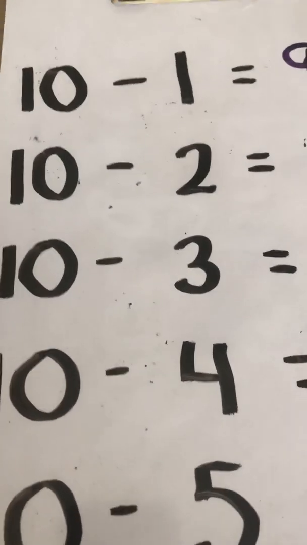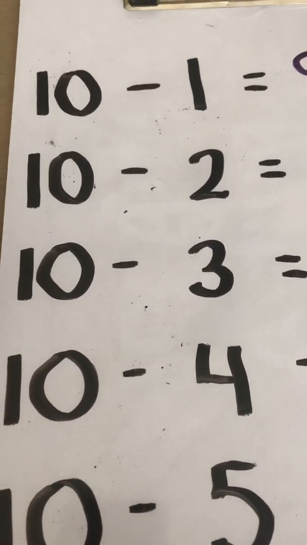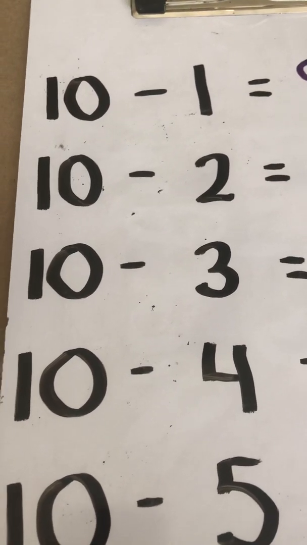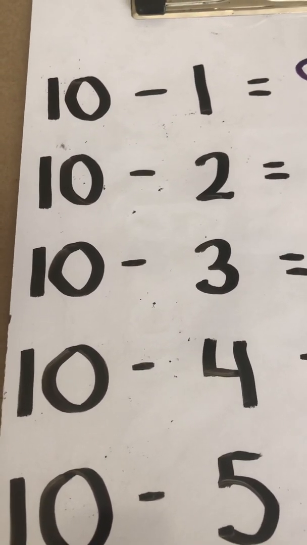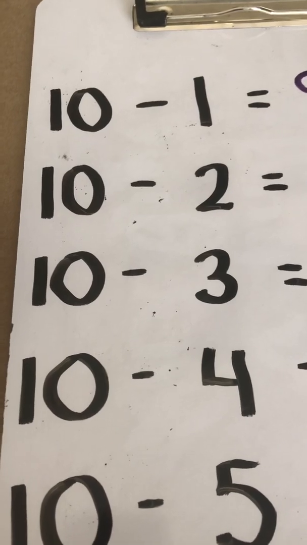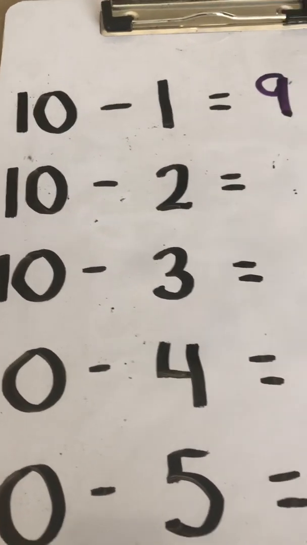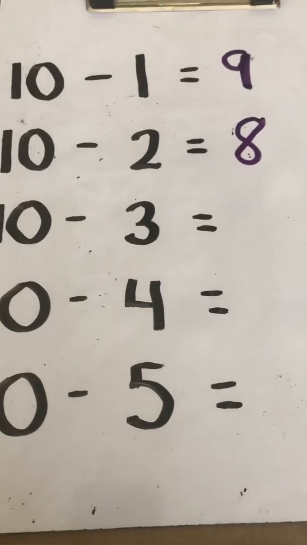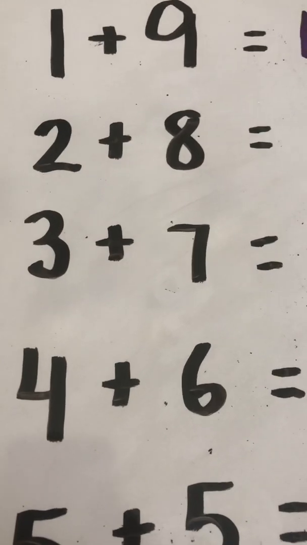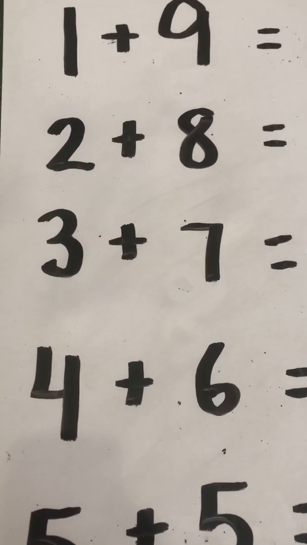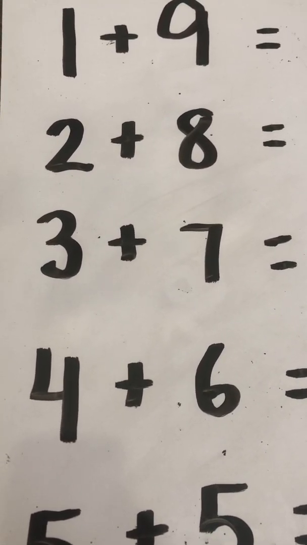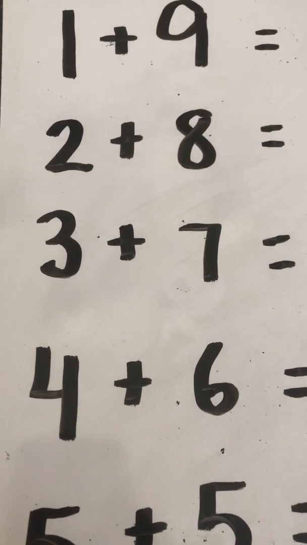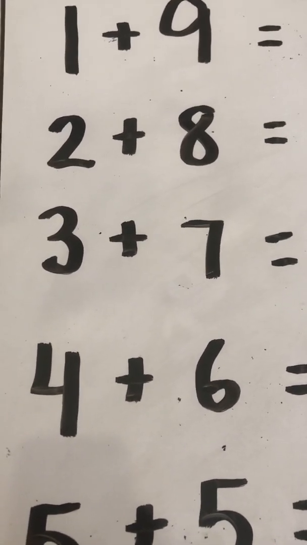Let's do the next row. If you have 10 cookies and you eat 2 of them this time, put up all 10 of your fingers, eat 2 of them, 2 of them go down, there's going to be 8. Okay? Now let's look at this addition problem that's next to it. 2 plus 8, well, if we have 8 and we add 2 more, 8, 9, 10.